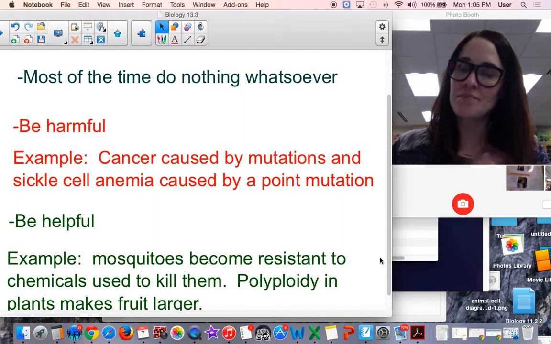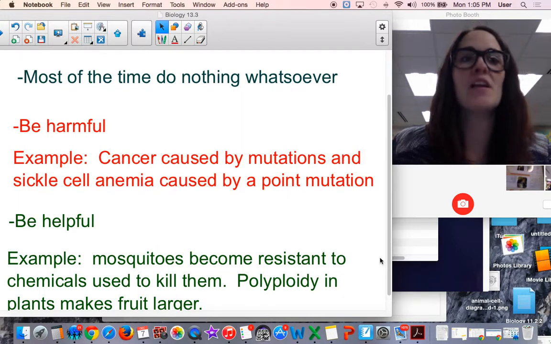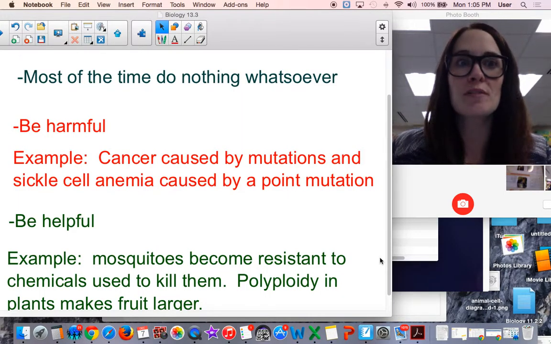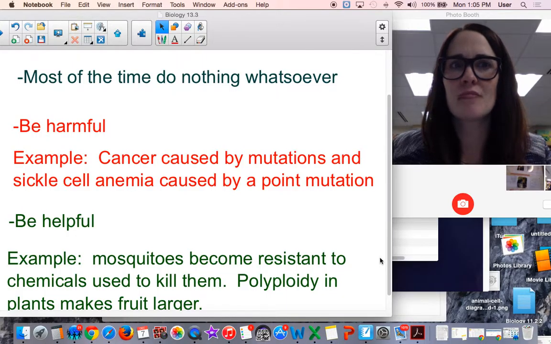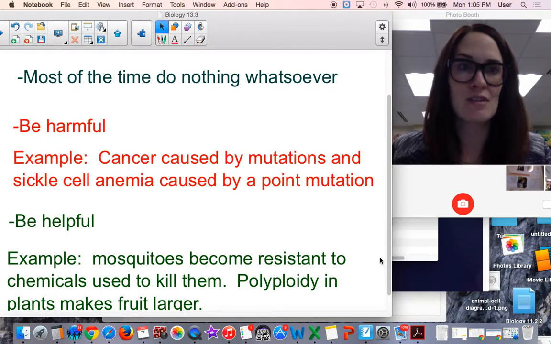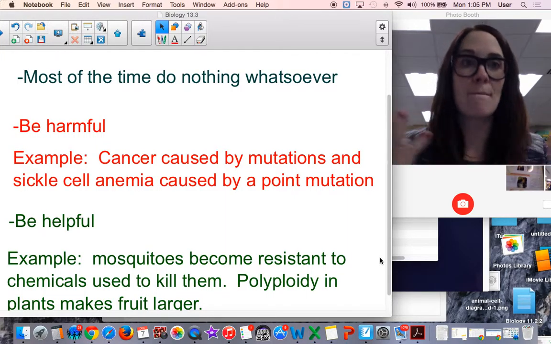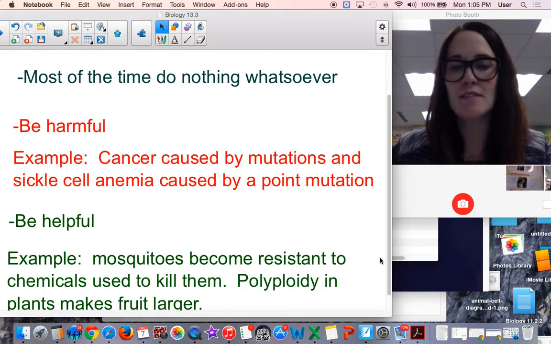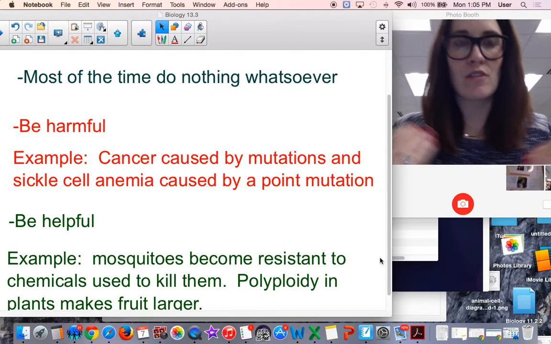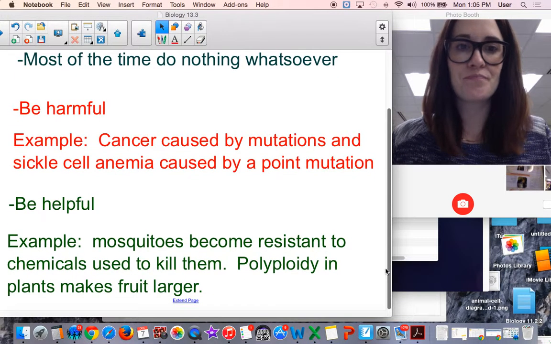Now, in a human, that's not going to be a good thing in our cells for the most part. Well, actually, it's usually not a good thing. A lot of times, humans, if they have too many chromosomes in their nuclei, don't even make it. They don't live past a certain age. And they usually die preterm.